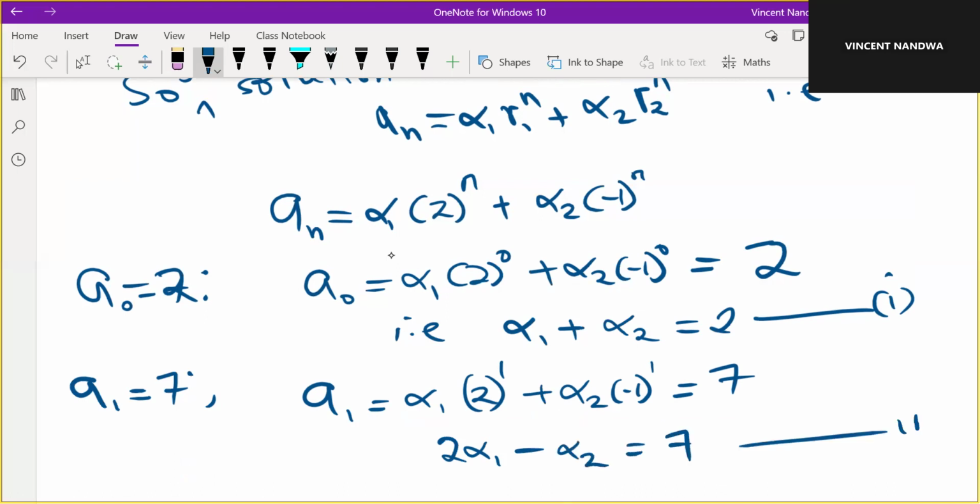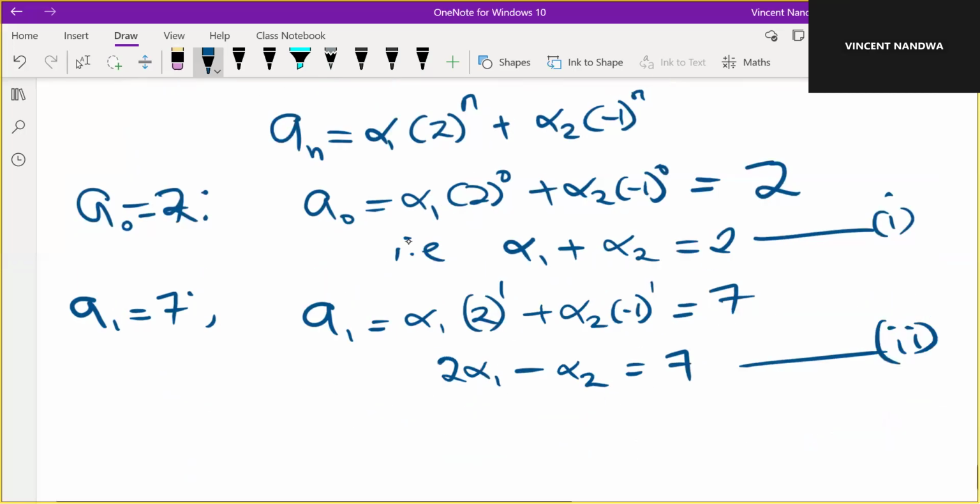Call this one equation 2. So we have now two simultaneous equations in the unknowns alpha 1 and alpha 2. Can you solve 1 and 2 simultaneously and tell me the values of alpha 1 and alpha 2?